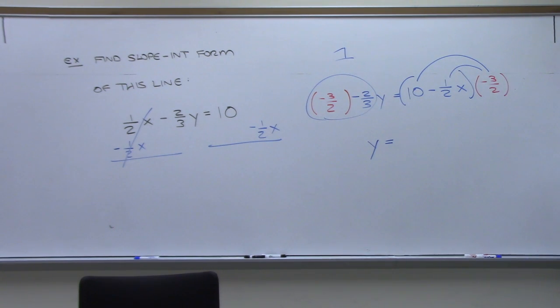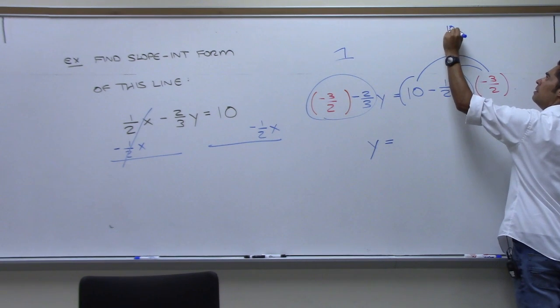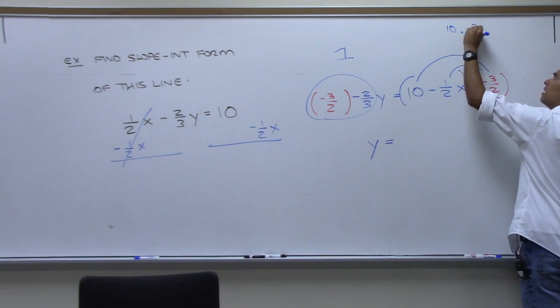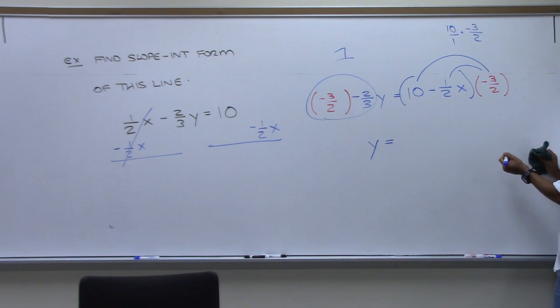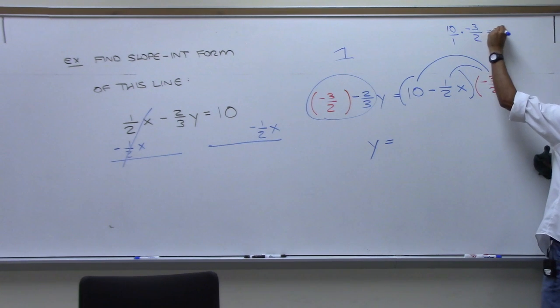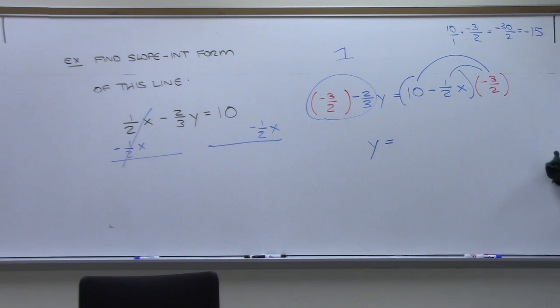Don't forget that step. What happens when you multiply 10 times negative 3/2? That's 10 over 1, right? So that's negative 30 over 2, which is negative 15.